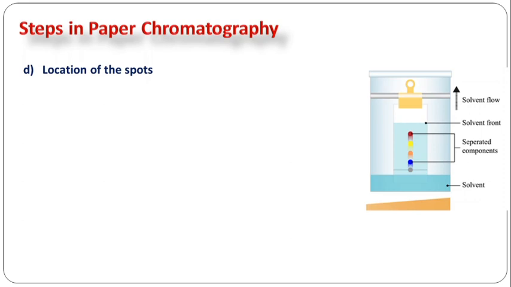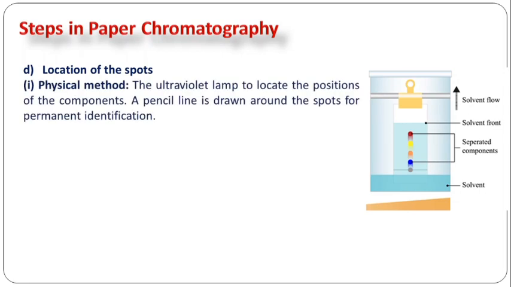For example, suppose these spots are colorless, then how can we identify where the components are present? For that purpose, we use physical methods like an ultraviolet lamp to locate the position of components, and pencil lines are drawn around the spots for permanent identification, right?